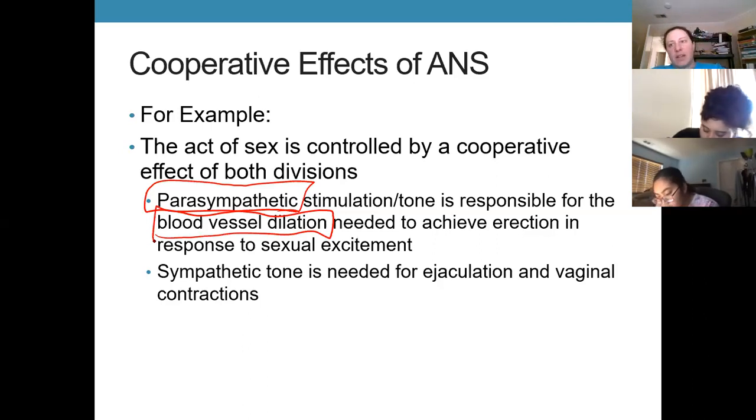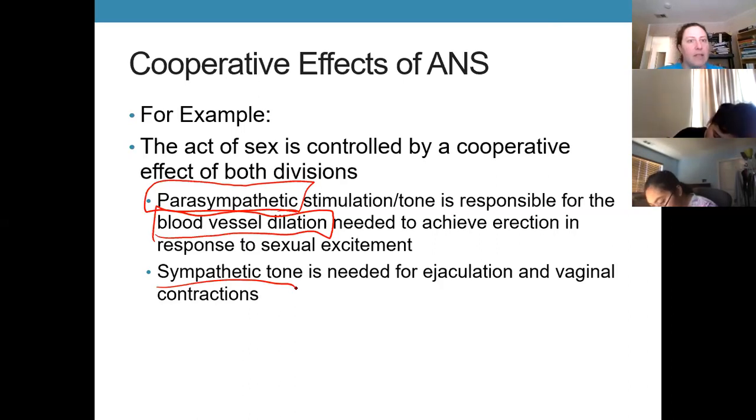But to finish off a sex act, you need higher sympathetic tone. It's required both for ejaculation in men and the vaginal contractions that usually accompany orgasm in women. So both need to work together or you're not going to have a productive round of sex. So that's our example.